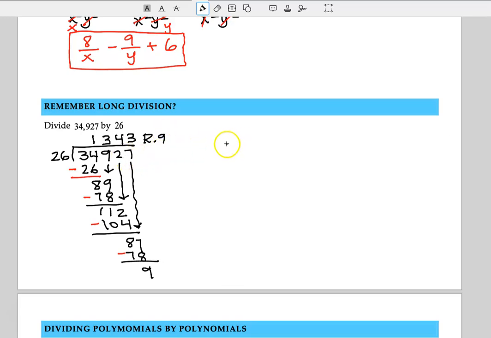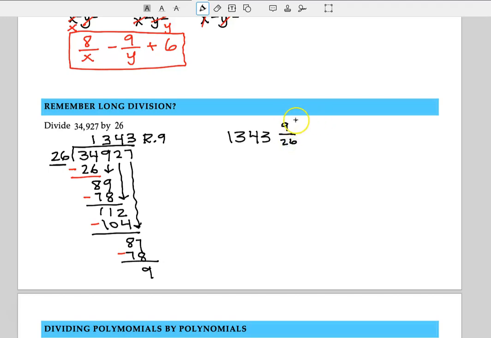However, for what we're going to be doing, we're going to want to write it just a little bit differently. We write it like this sometimes when we're doing long division with just numbers, where we have the 1,343, and then you do 9, so whatever the remainder is, over our divisor, which was 26.